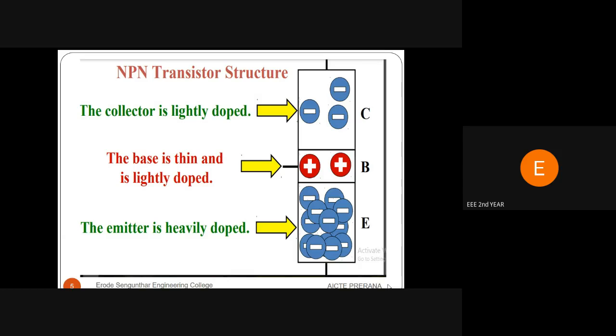The upper region is the collector region. It is lightly doped compared to the emitter and moderately doped compared to the base. Since it is moderately doped, it has fewer electrons than the emitter. The size of the collector region is large compared to the emitter and base.